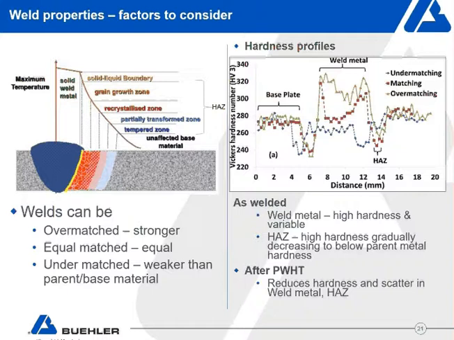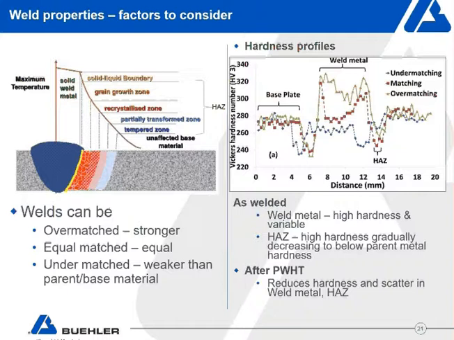And whenever we are looking at welds on a welded component, they can be overmatched, which means the weld is stronger than your base metal, or the weld can be equally matched, which is of equal hardness compared to your base metal, or undermatched, where it is weaker than the parent or base material.